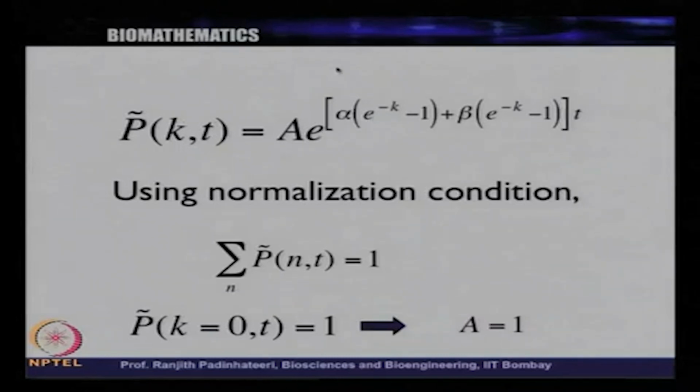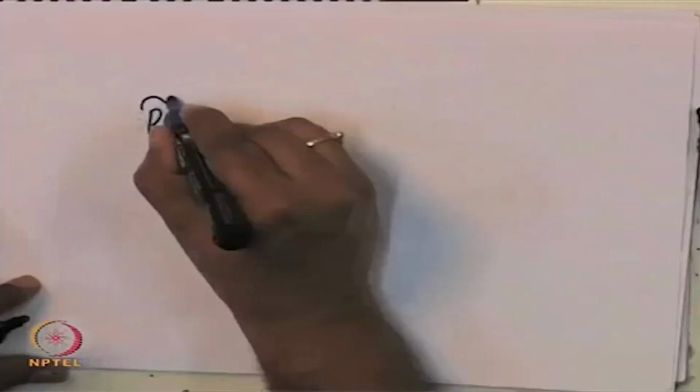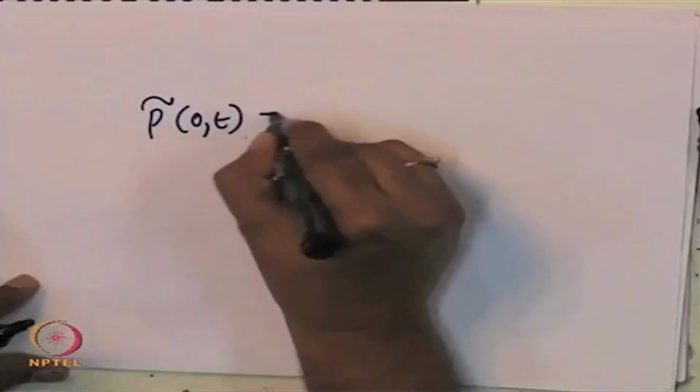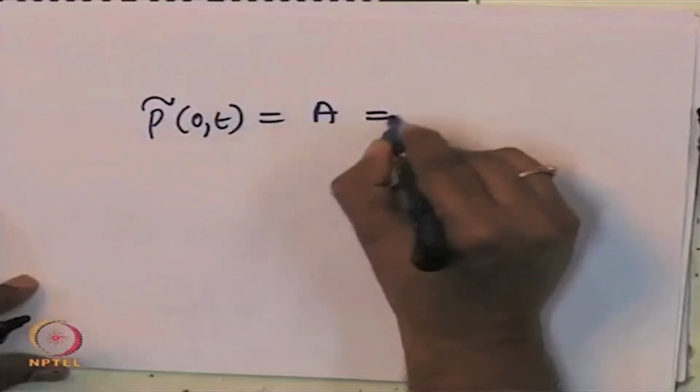So, if you put k equal to 0, this is 1 minus 1 to the power 0, here also 1 minus 1 to the power 0. So this whole thing is 0, and e to the power 0 you get. So you get p tilde of 0, t as A. If you do this calculation for p tilde of 0, t, you will find that this is A and this has to be 1.